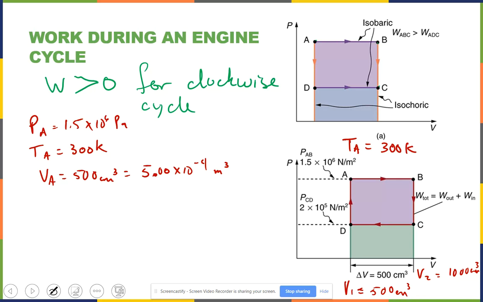Which would you prefer, molecules or moles? I'm specifying for monatomic ideal gas. So moles.